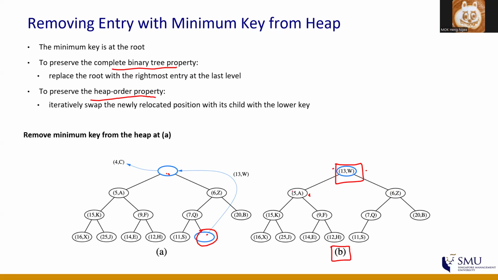The smaller child, this one. Before we do a swap, we have to compare these two children and determine which is the smaller one. We determine that the left child is smaller. We want to swap the parent with the left child. If that happens, then these three nodes will be in the correct order as far as the heap is concerned.